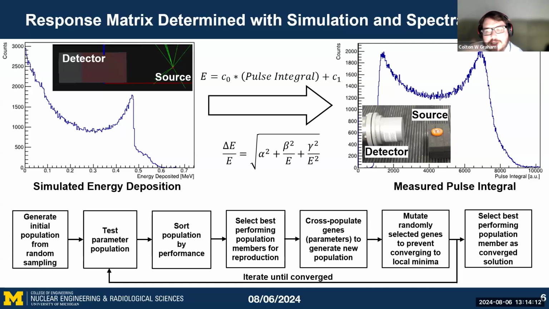And you just iterate this until you have the best performing set of parameters in order to fit your simulated data to measured data. The genetic algorithm is particularly advantageous here as it's robust, computationally efficient, and fairly accurate, more so than using, say, brute force fitting or gradient descent, which are more commonly used here.